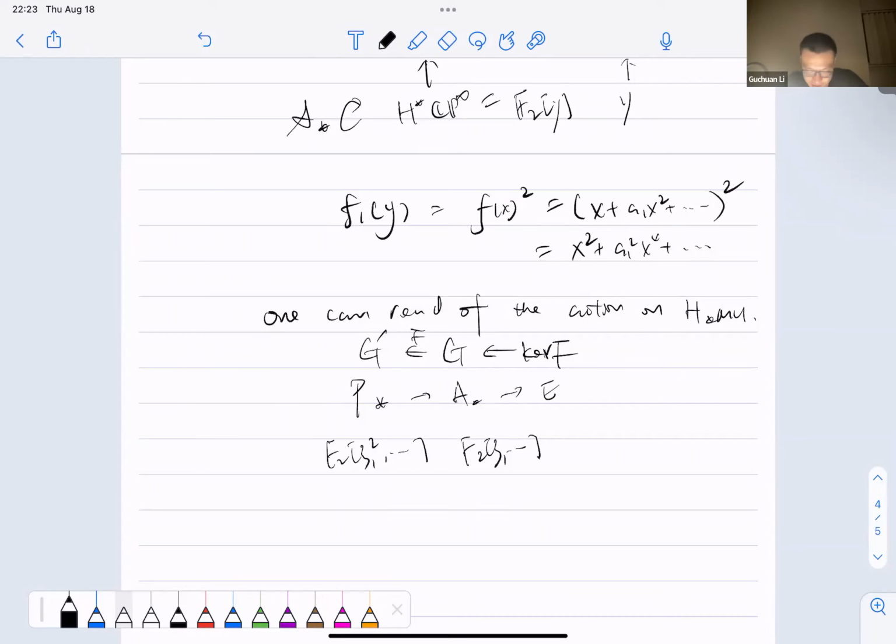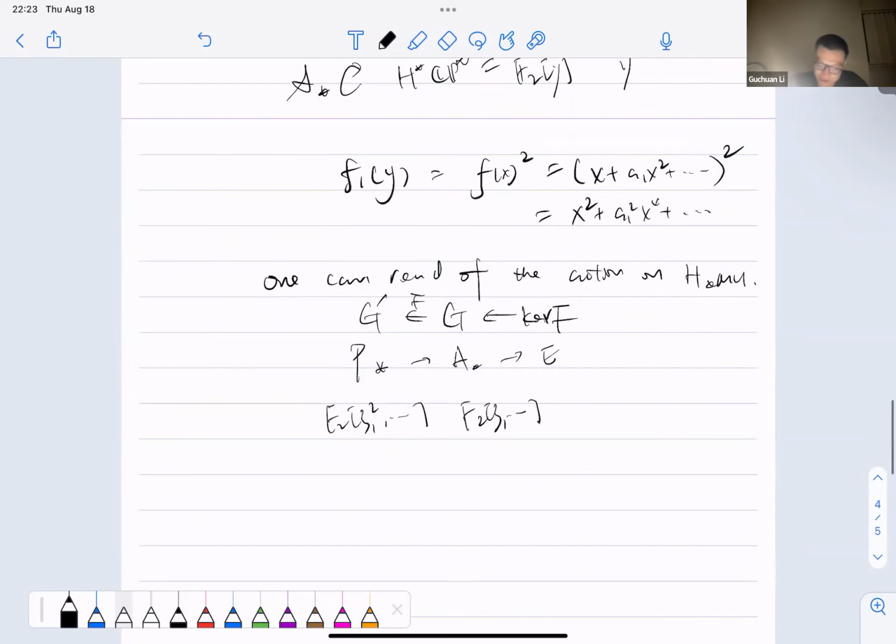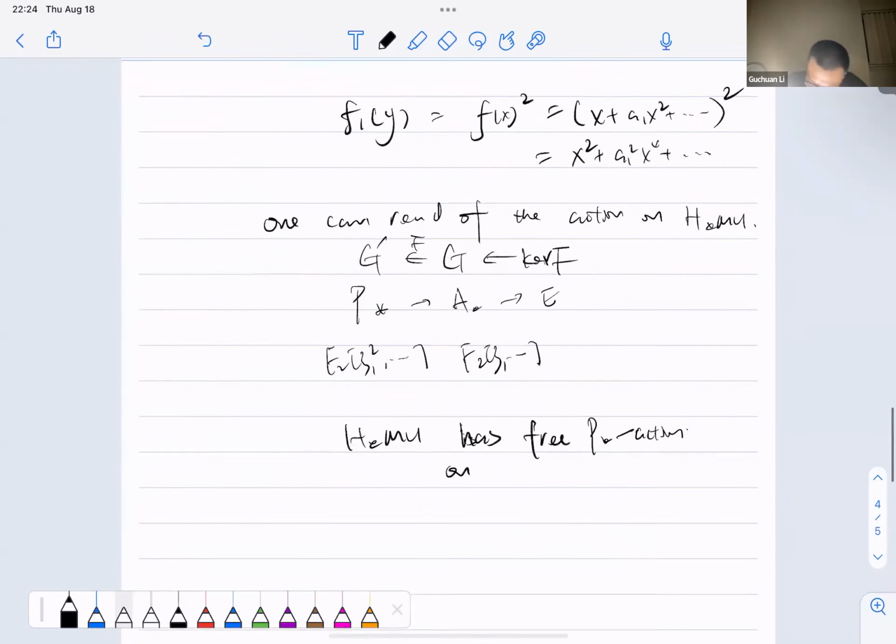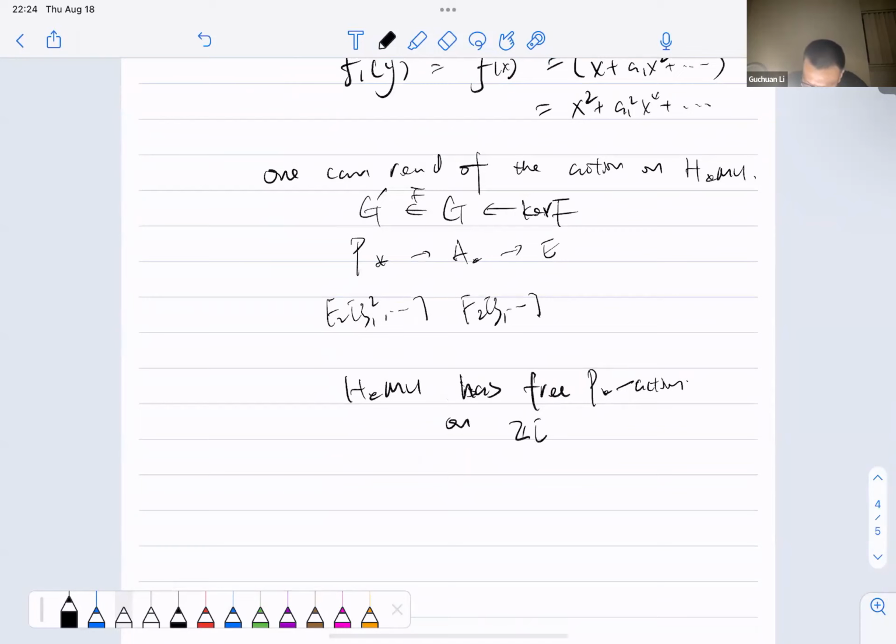Okay, so the key point is that H star MU has a free P star action on those generators u_i, where i is not of the form 2 to the i minus 1.